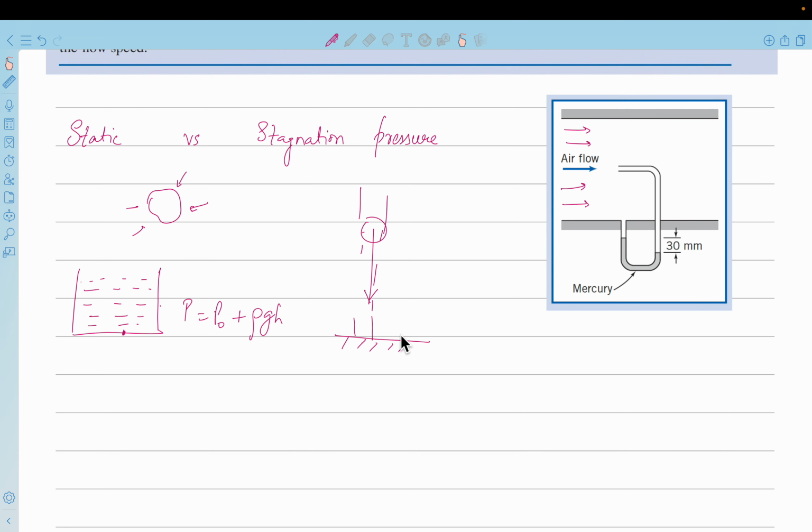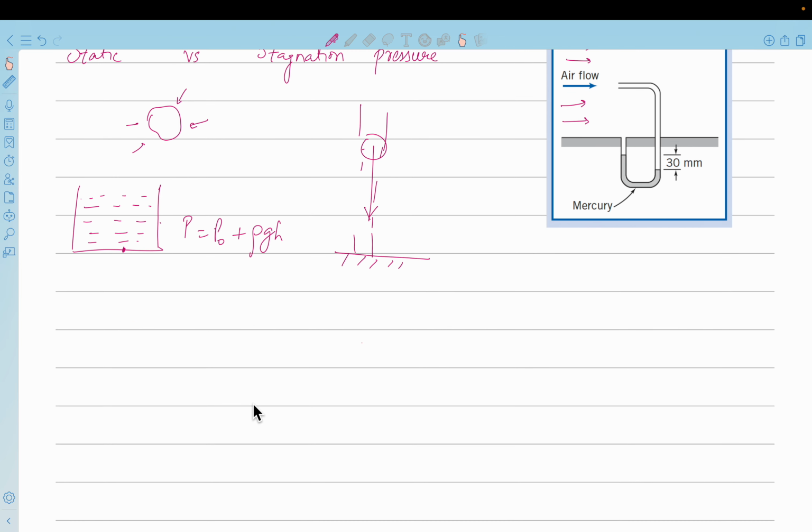Yes, there will be much more pressure felt because of the total motion of this jet, and that kinetic energy is going to be converted into pressure energy at this flat plate. That gives additional pressure, and that is what we call the stagnation pressure. So we can write this in two terms: there is pressure P and there is a pressure due to kinetic energy.